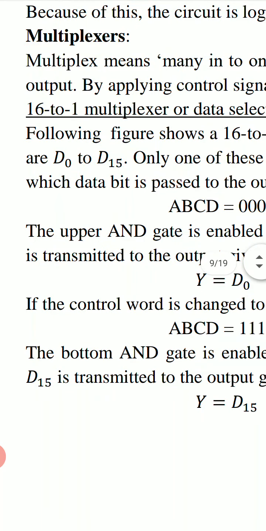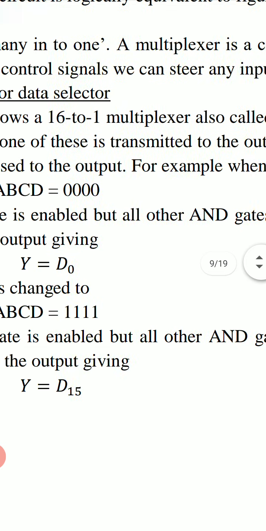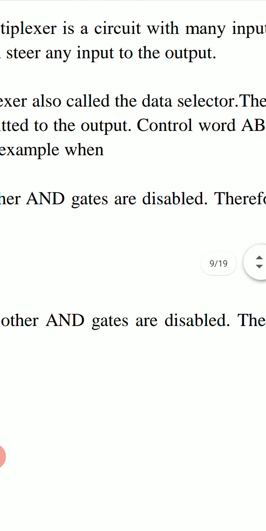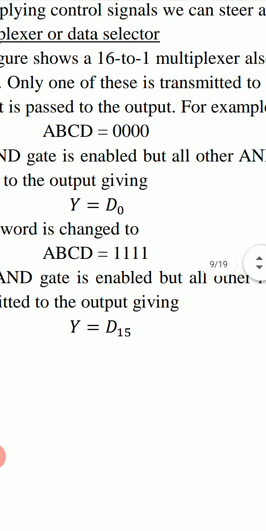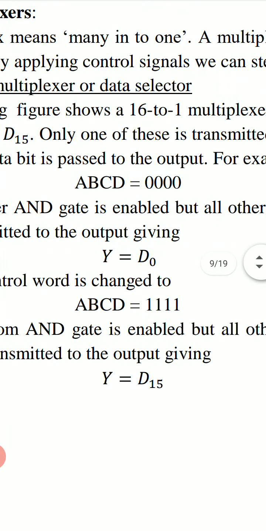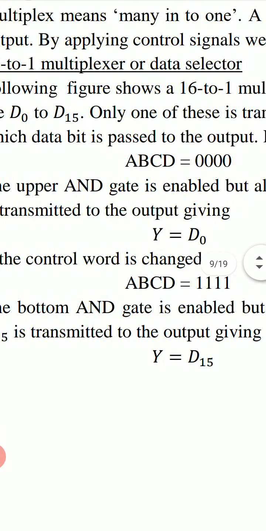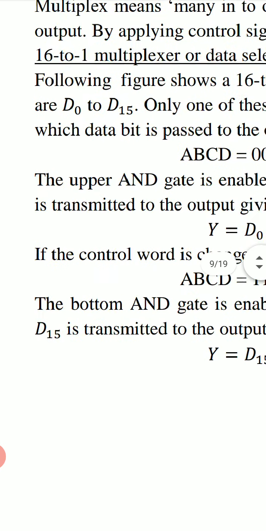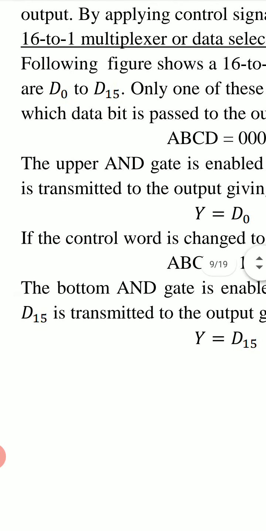Next we see multiplexers. What are multiplexers? Multiplex means many into one. A multiplexer is a circuit with many inputs but only one output. By applying control signals, we can steer any input to the output. 16 to 1 multiplexer or data selector.